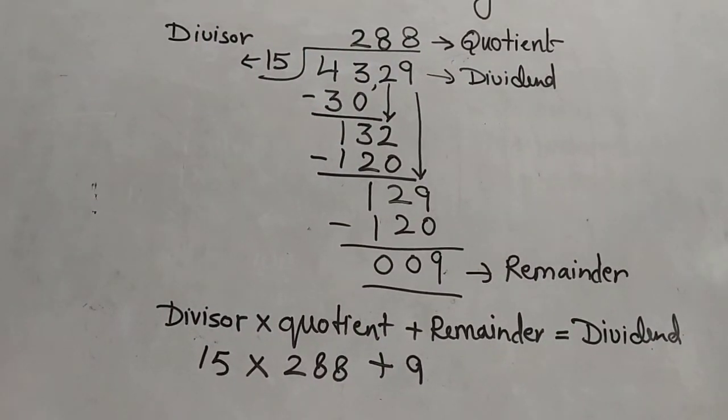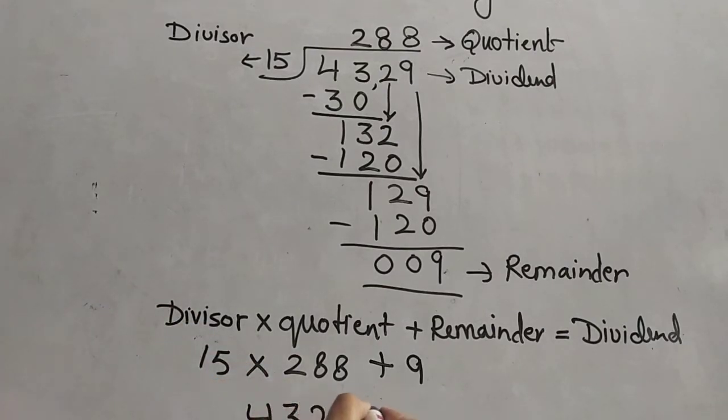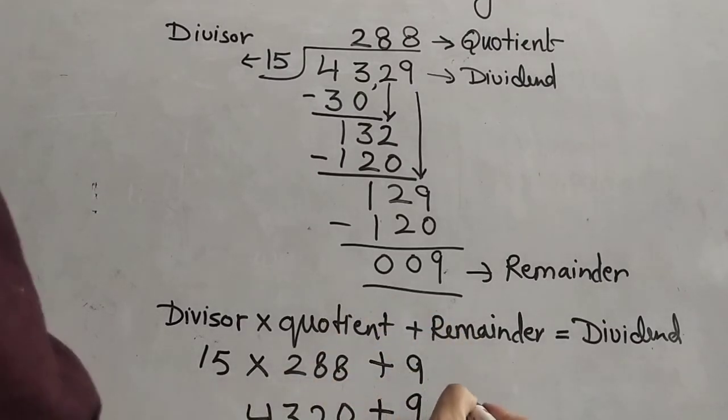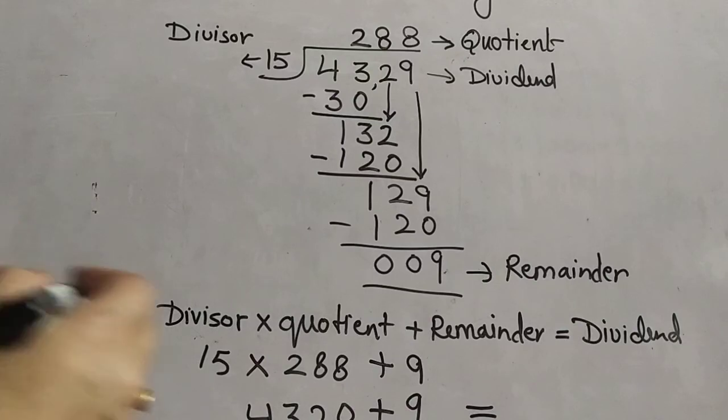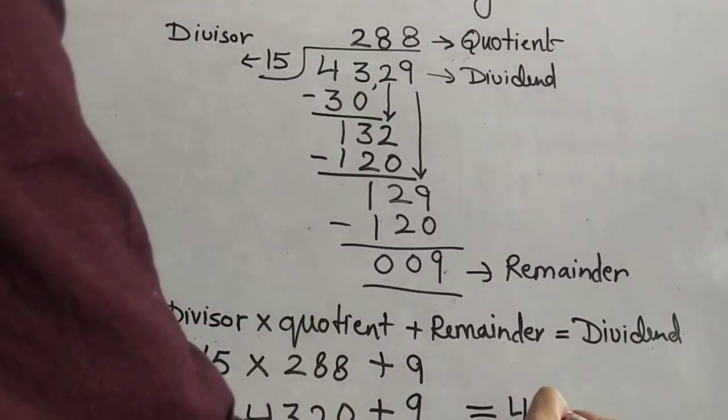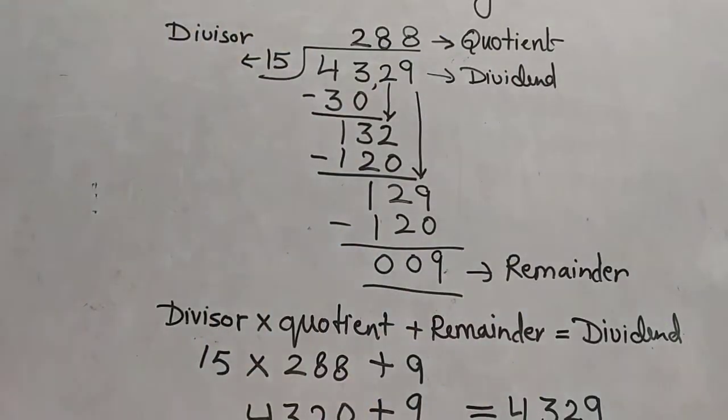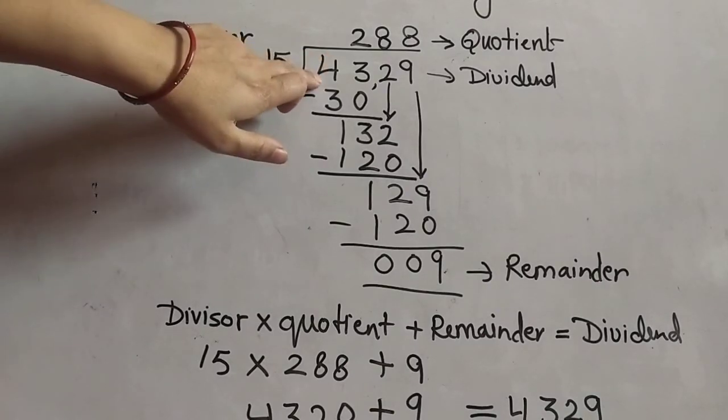So the product of 15 and 288 is 4320 plus remainder 9. As you are adding these two, you are getting 4329, which is our dividend of this question.